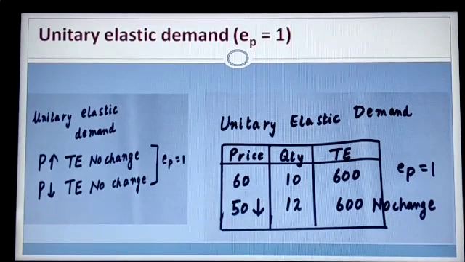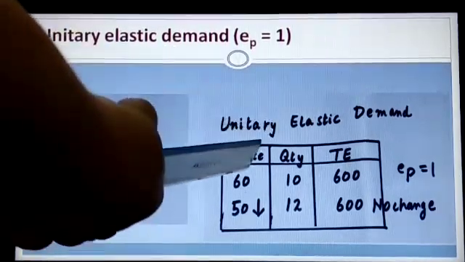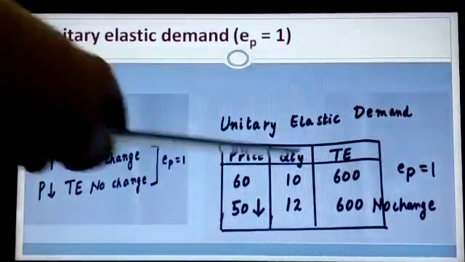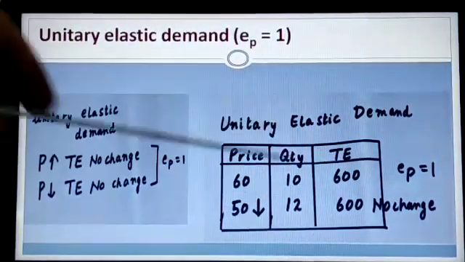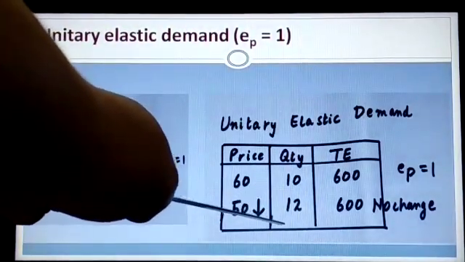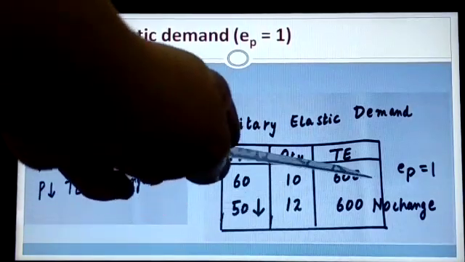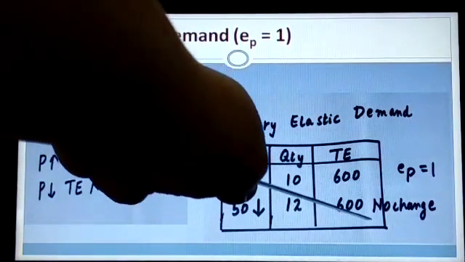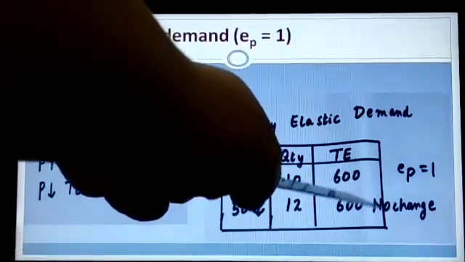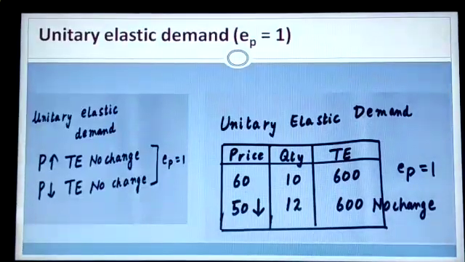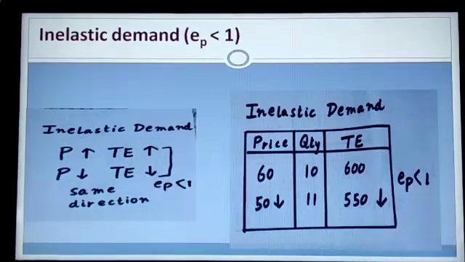Now see this formula again. Price into quantity will give you total expenditure: 60 into 10, 600, 50 into 12, 600. With the fall in price, the total expenditure has no change. Then EP will be equal to 1.